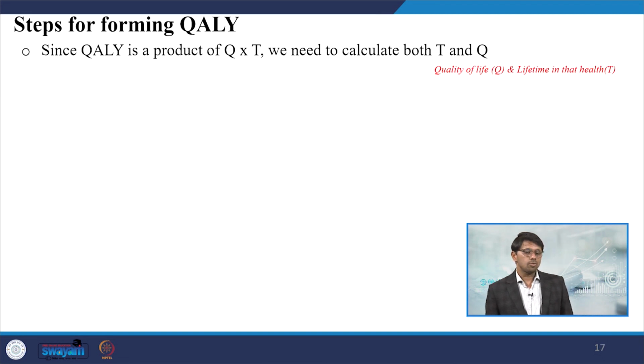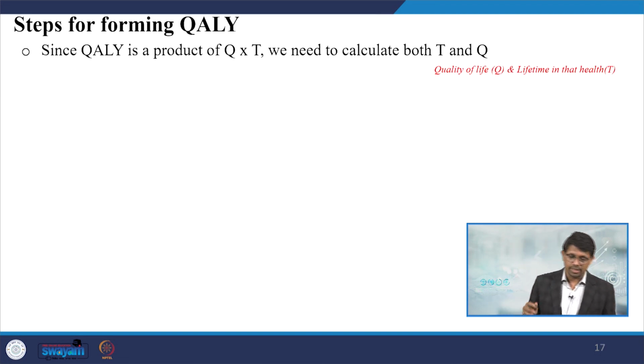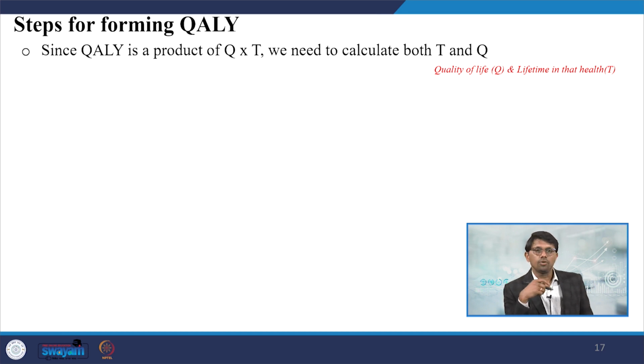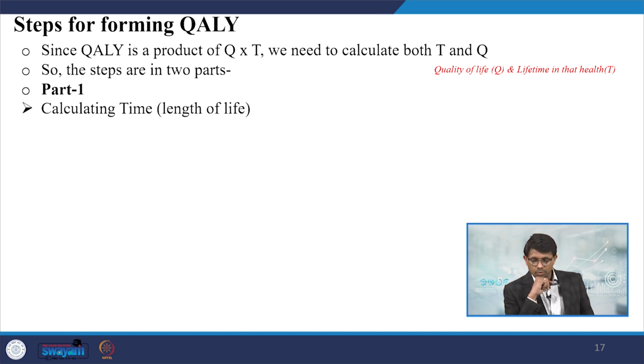So, what are the steps of QALY then? QALY basically counts for the product of Q times T, where Q stands for the quality of life and T stands for the time in that health.